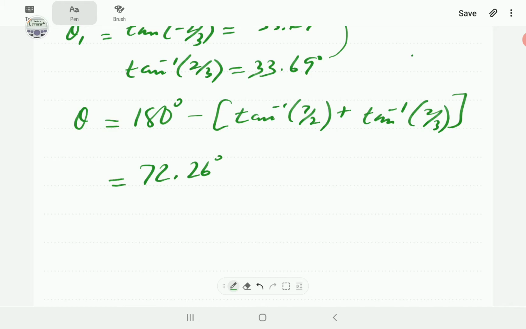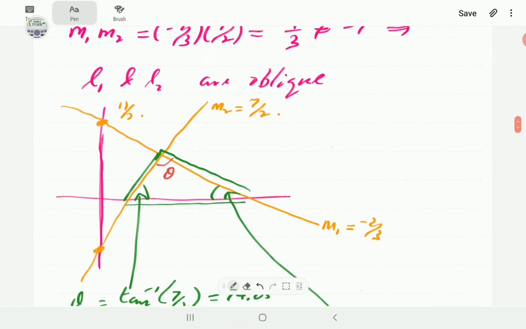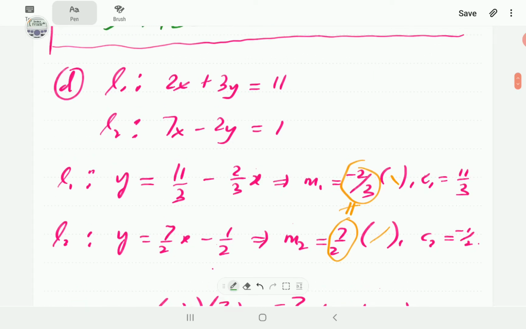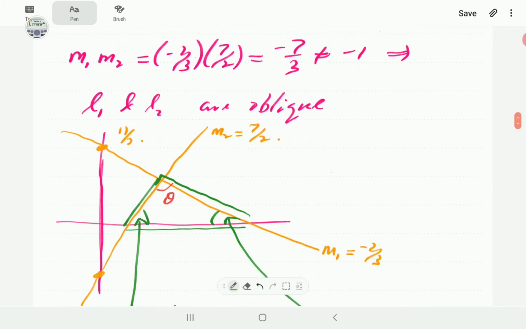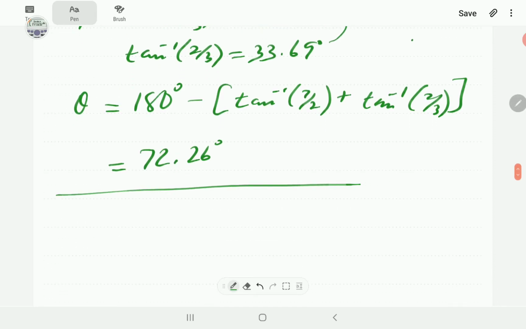We still have to find the point of intersection. Maybe we'll just use elimination.